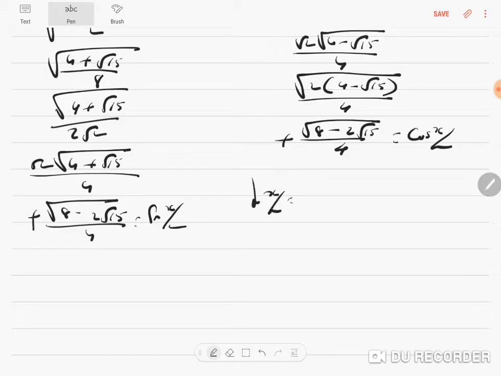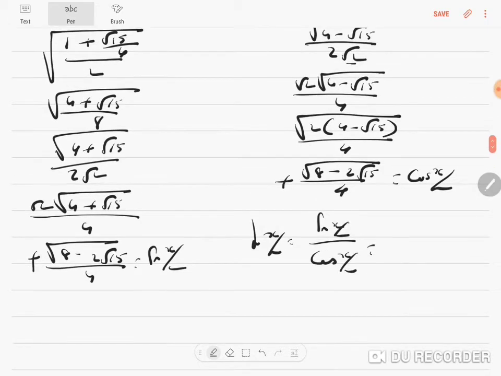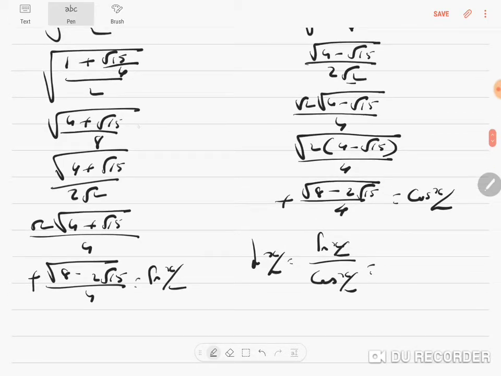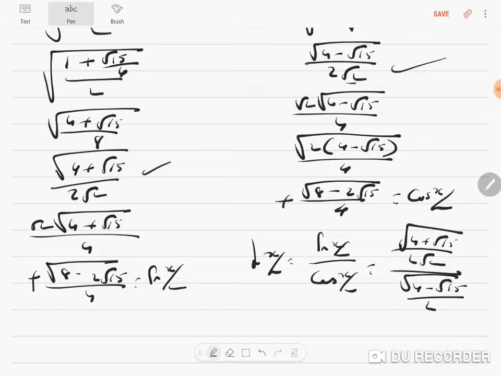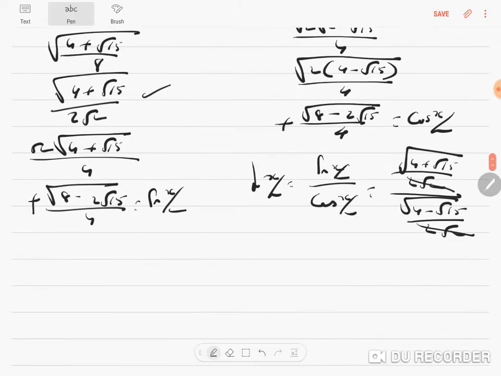Tan x by 2 is just sin x by 2 by cos x by 2. We can take this value, sin x by 2 is root of 4 plus root 15 by 2 root 2, divided by root of 4 minus root 15 by 2 root 2. So the 2 root 2 gets cancelled, you get root of 4 plus root 15 by root of 4 minus root 15.